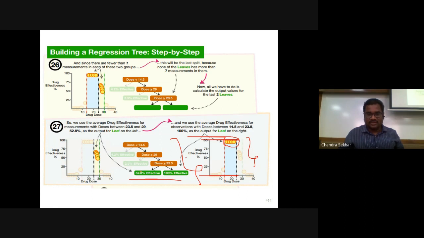Suppose the dose is 22, this point. What is the effectiveness? 100. Now if you see, 22 is not less than 14.5, so it comes here. Greater than or equal to 29, no. Greater than or equal to 23.5, okay. So beyond this, 100% effective.